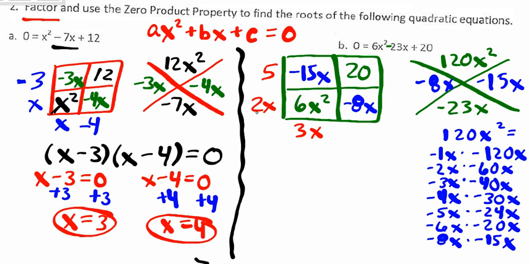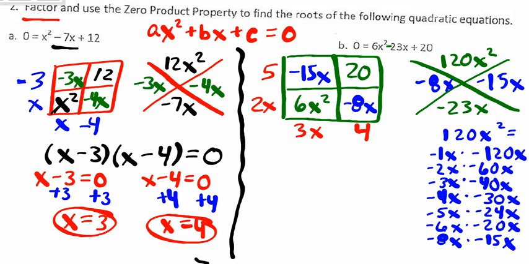Negative 8x and 20, well, they're both even numbers, so we know they have 2 in common, but they actually have more than just 2 in common. The biggest common factor, the largest common factor, is 4.